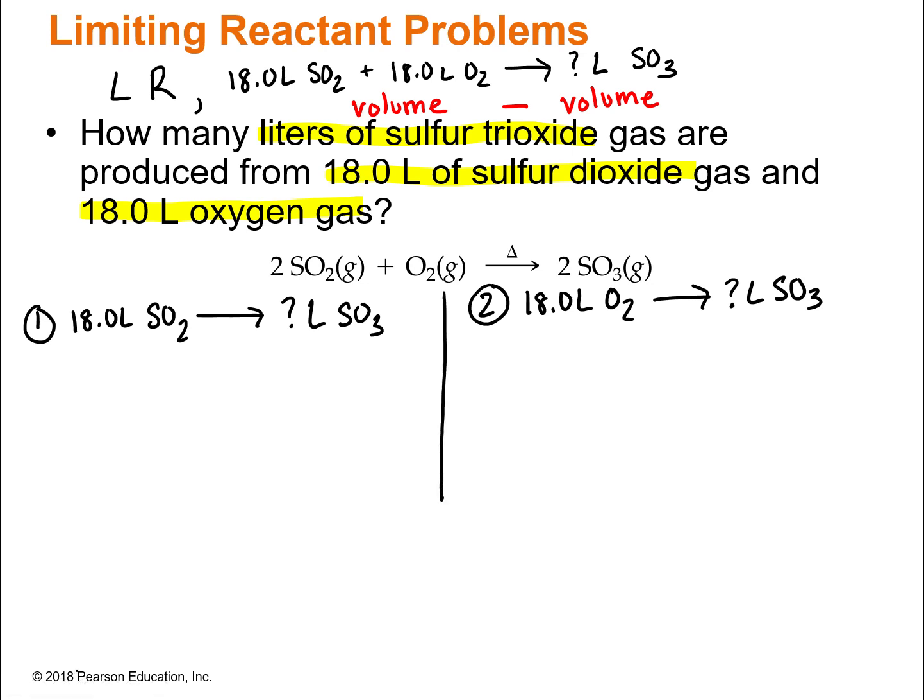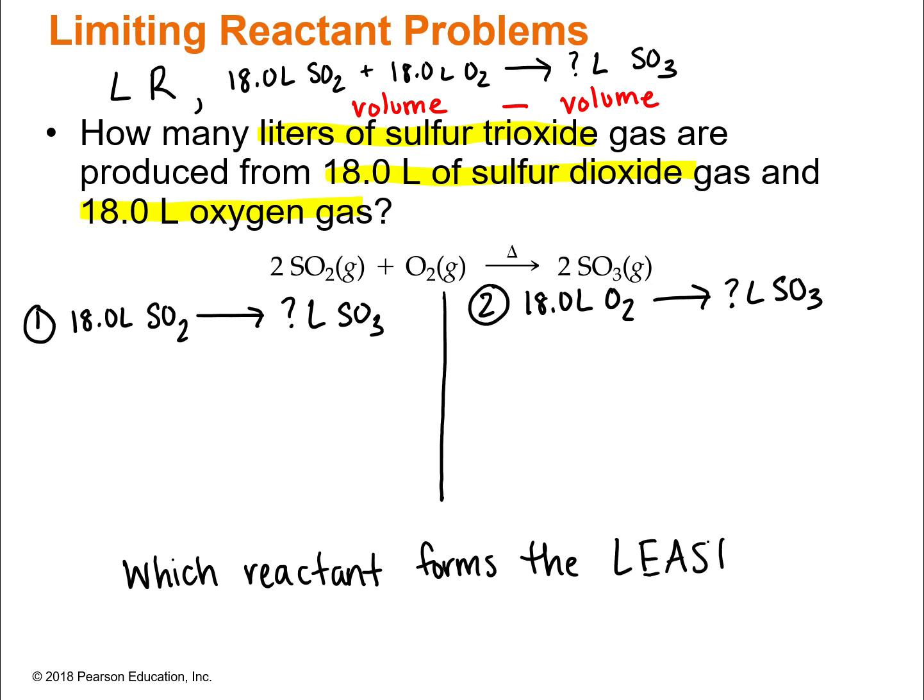Then we ask the question, which reactant forms the least product? So that's the breakdown of the plan for how we're going to attack this thing.